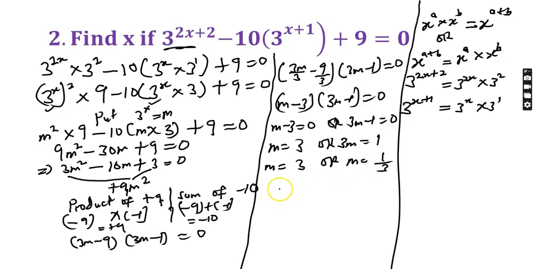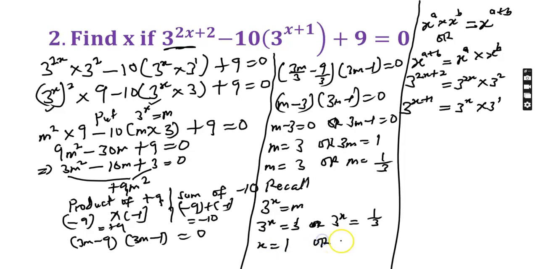Now, we are not asked to find m, we are asked to find x. So I will recall that 3 raised to the power x equals to m. So I'll do it for both of them. When m is 3, or when m is 1 over 3. So the lowest common base of this is 3 raised to the power 1. So x equals to 1.